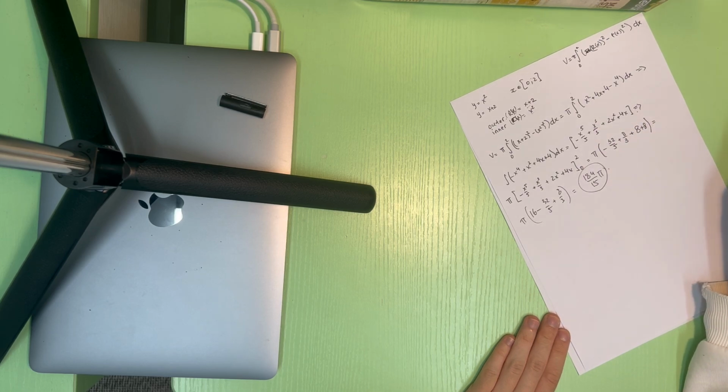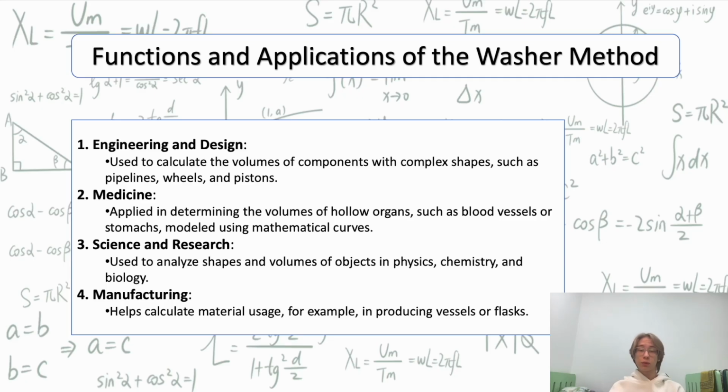Why should we use the washer method? There are functions and applications of the washer method in the world. For example, the first one is engineering and design. It is used to calculate the volumes of components with complex shapes such as pipelines, wheels, and pistons.